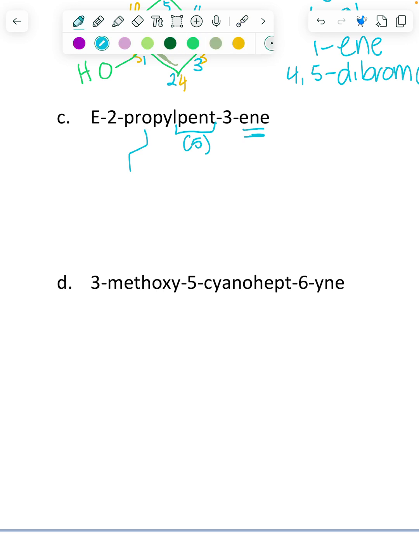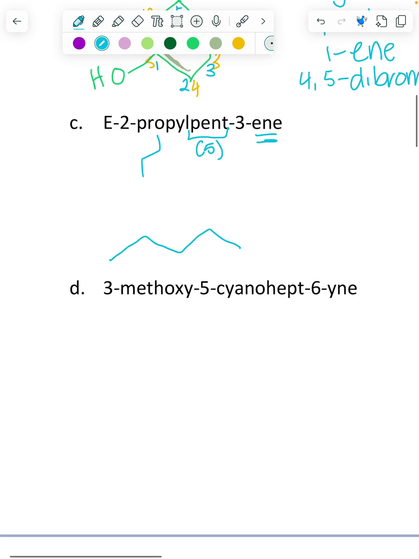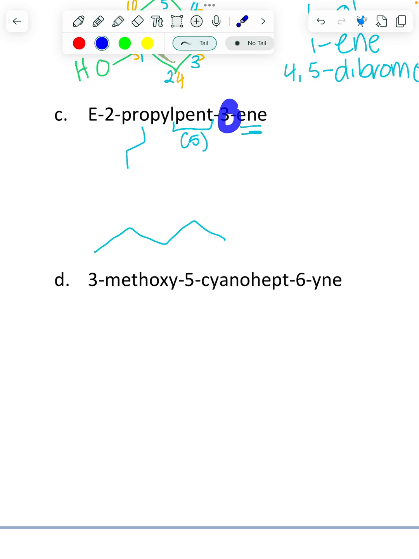So I'm going to start with drawing the 5-carbon parent chain. I'm going to add a double bond at carbon 3 after I label and number this. Double bond at site 3 to 4.